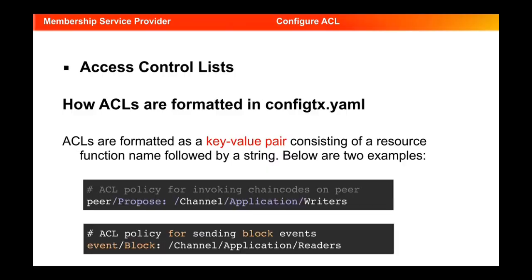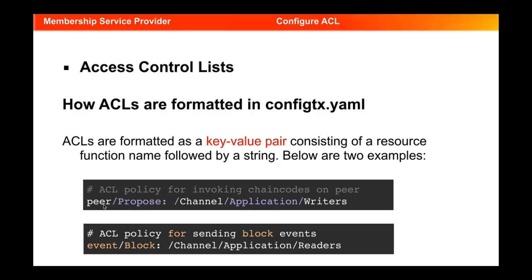So the first one is editing configtx.yaml. ACLs are formatted as key-value pairs consisting of a resource function name followed by a string. As you can see in this example, which is the ACL policy for invoking chaincodes on the peer and the ACL policy for sending block events.